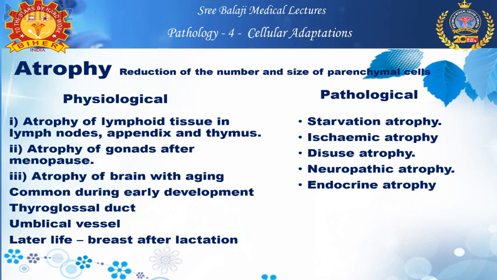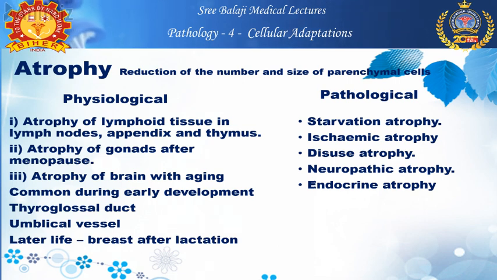The best examples during early developmental stages are thyroglossal cyst and umbilical vessel degeneration. In later life, breast atrophy post-lactation is another example.